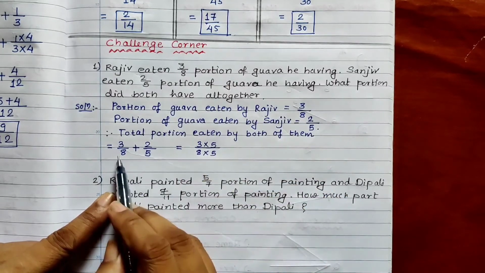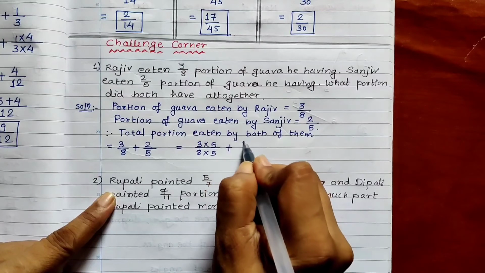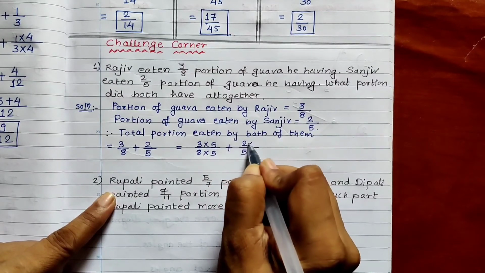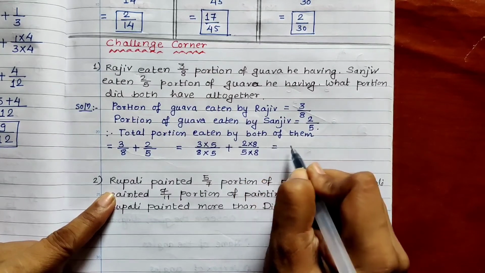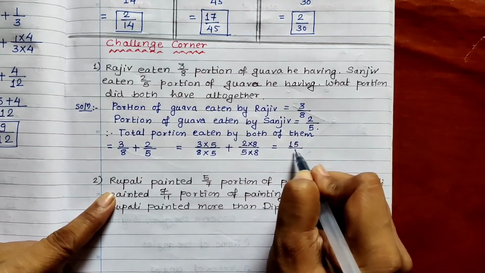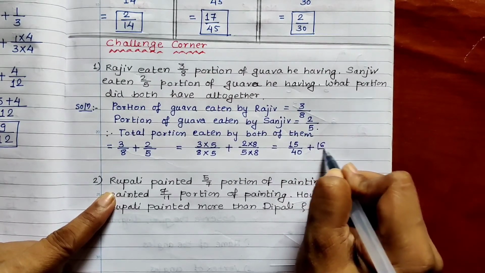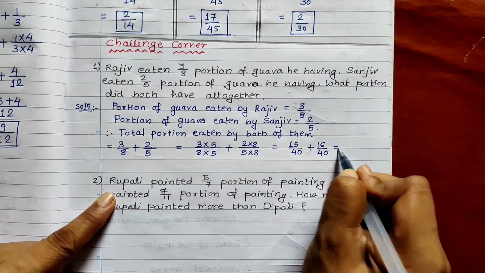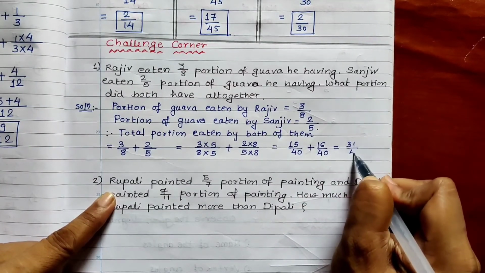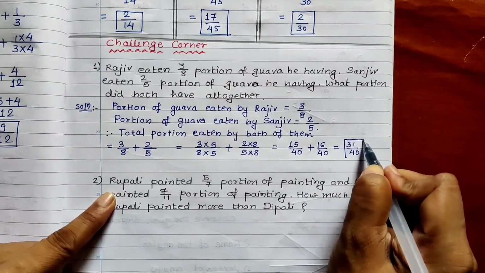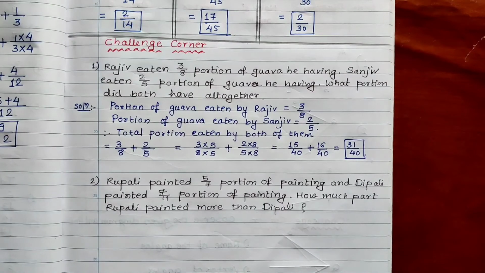That means the first fraction is multiplied by the denominator of the second fraction, plus the second fraction is multiplied by the denominator of the first fraction. 3 5s are 15, 8 5s are 40, 2 8s are 16, 5 8s are 40. So 15 plus 16 is 31 upon 40. So together they ate 31 upon 40 portion of guava.